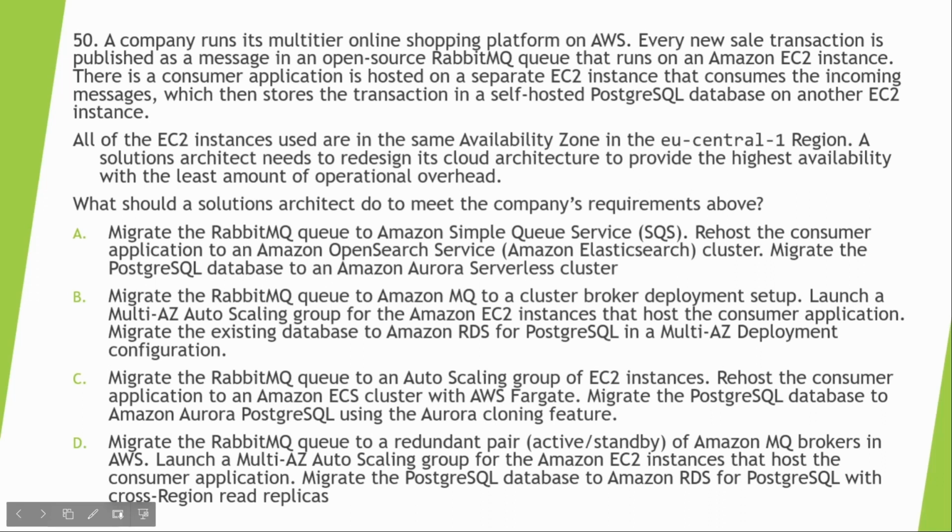Although you can have this active standby MQ, which will provide better availability, it is an active and standby architecture. From a database standpoint, it's better to launch RDS in a multi-AZ deployment configuration, because it will provide high availability and also fast failover, rather than just adding a read replica.